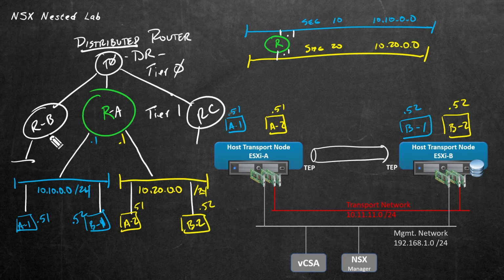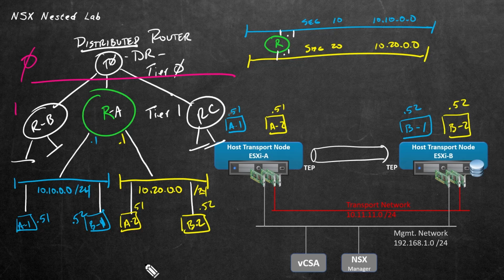So we could have network segments, one or more network segments on each of these as well. So in the event that we're implementing a hierarchy of routers, we'd start off with a T0 at the top, and then we could go ahead and put one or more T1s or tier 1s below it. So it's simply a way of organizing, are you a tier 0 or a tier 1?